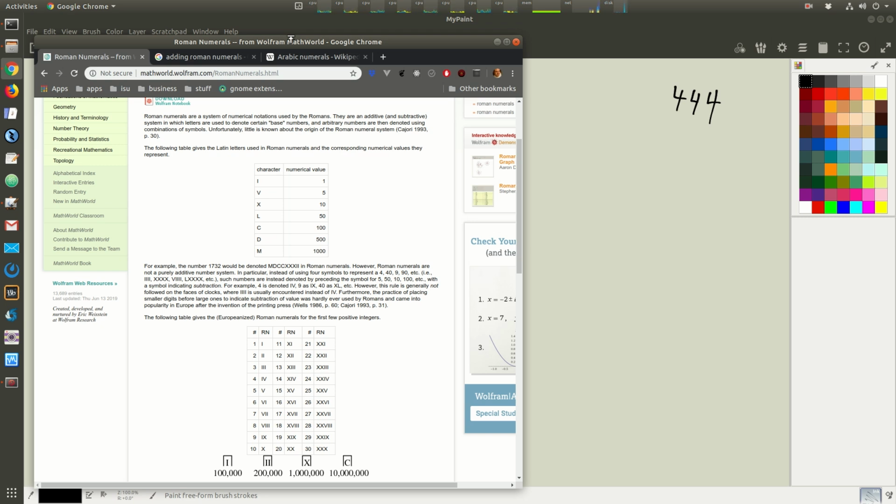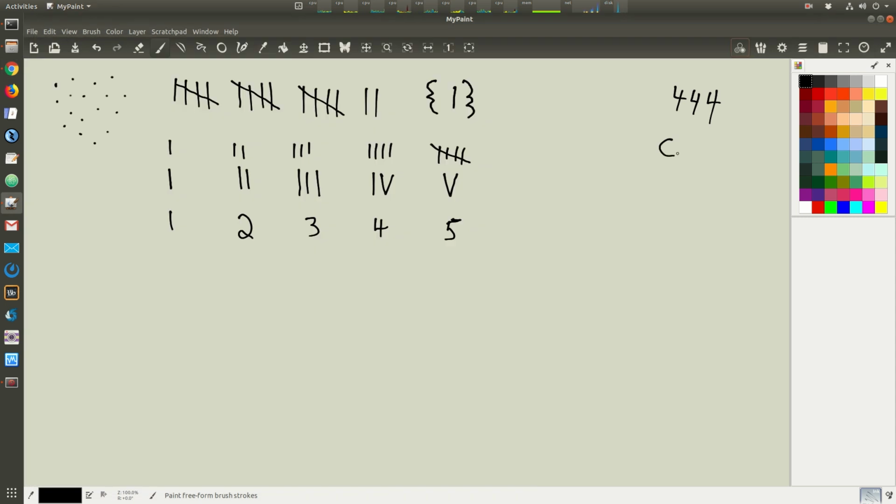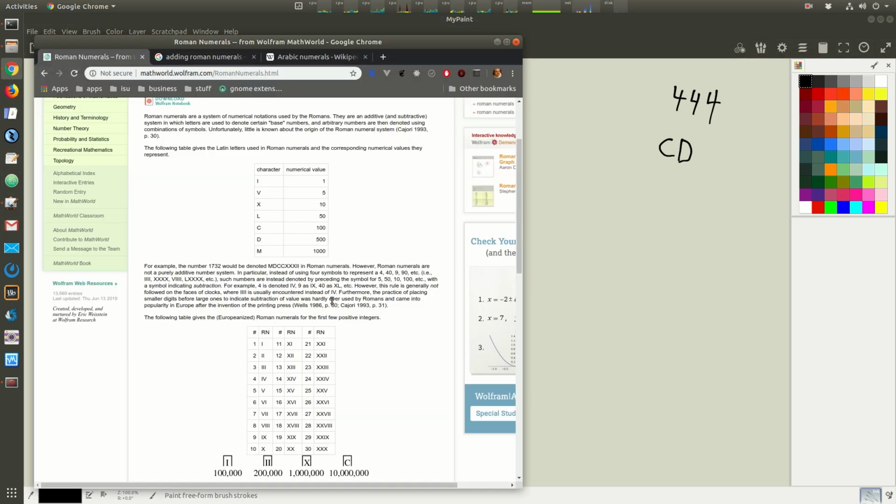So we'll do a CD. We'll go ahead and write that first. Then we need 40, so that's going to be an XL. L is 50, and we need to subtract 10 from that, so XL.